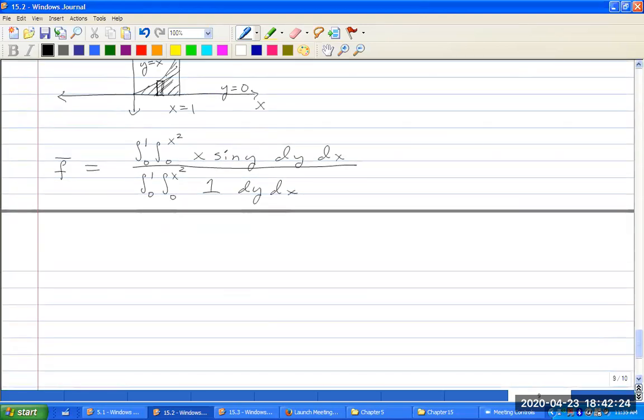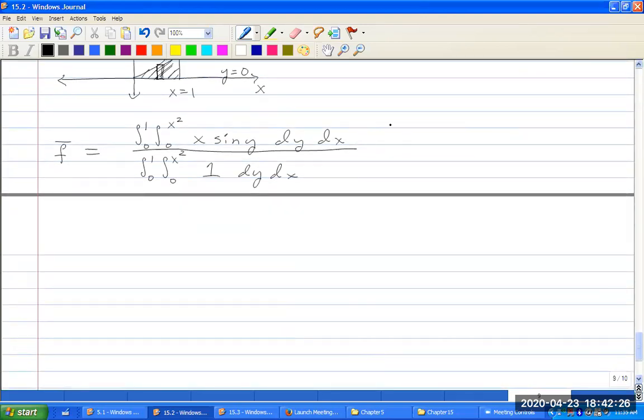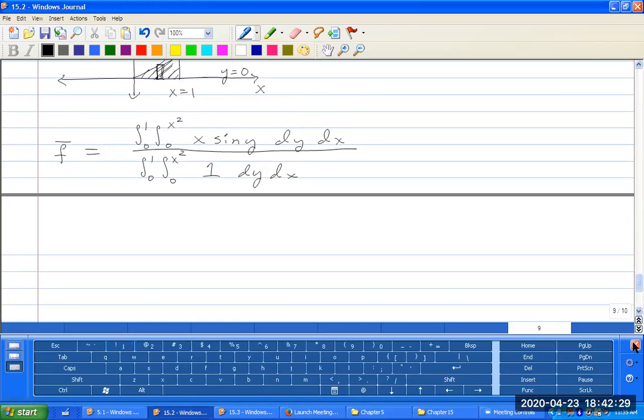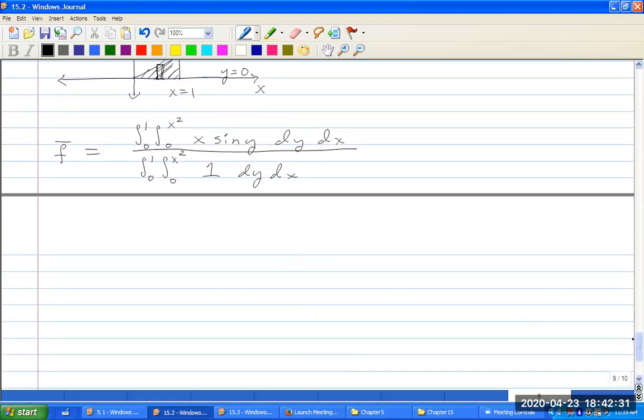Okay, so let's do this calculation. So let's do the integral from 0 to 1, and from 0 to x squared. Let's do the denominator first. This will be a particularly easy integral.